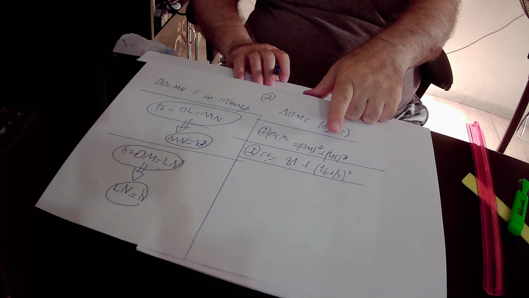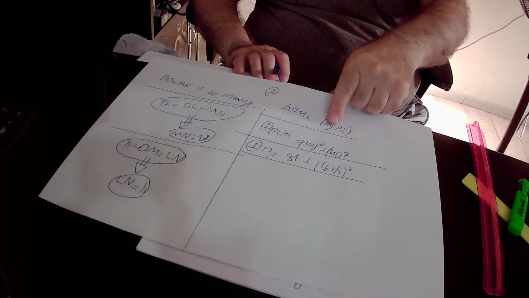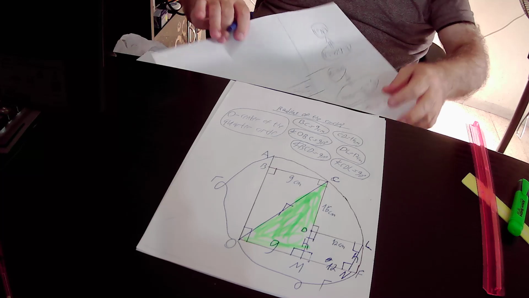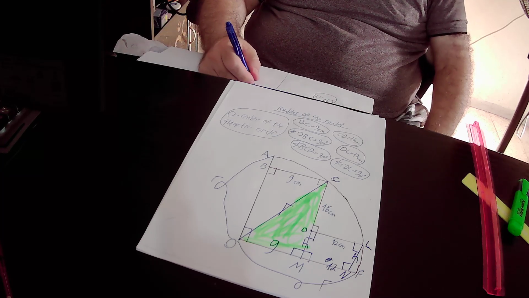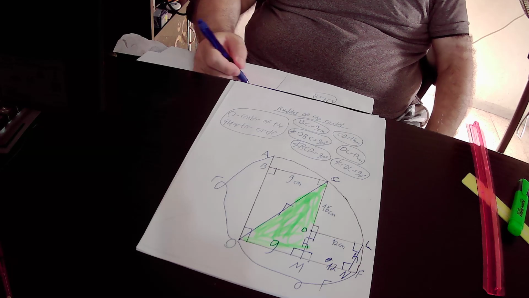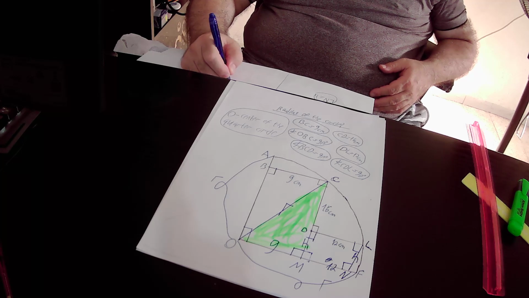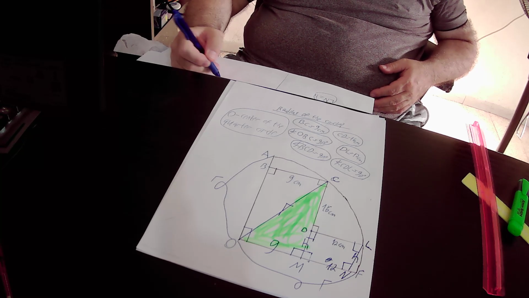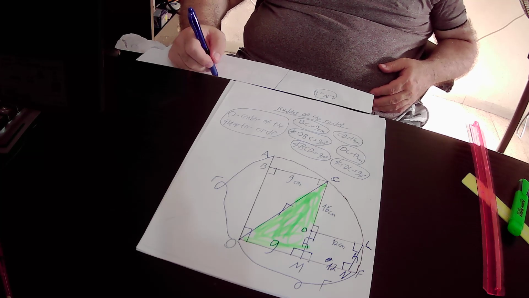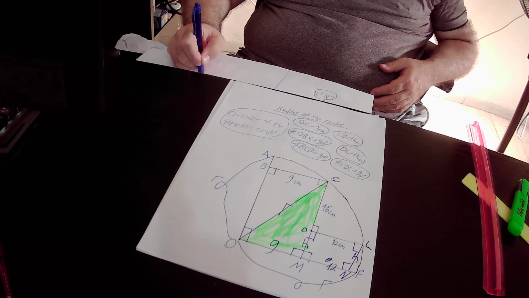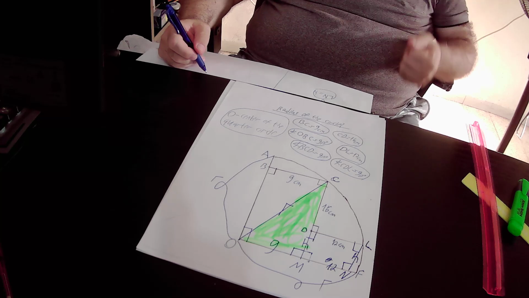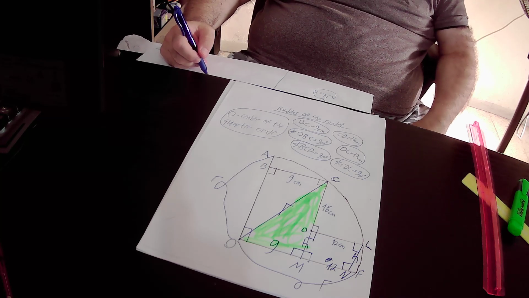Here we will open the brackets, and we get that according to equation number 1, R square equals 81 plus 16 square, which is 256, plus 8 square, plus 2 times 16, which is 32, and 32 times 8 is 32H.